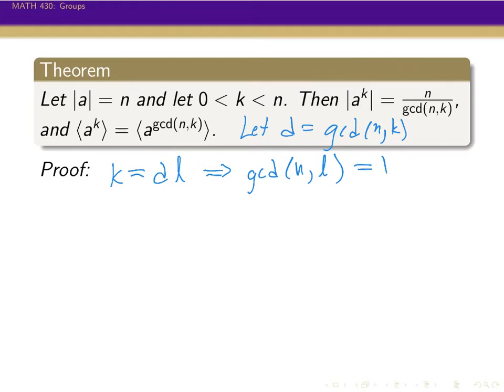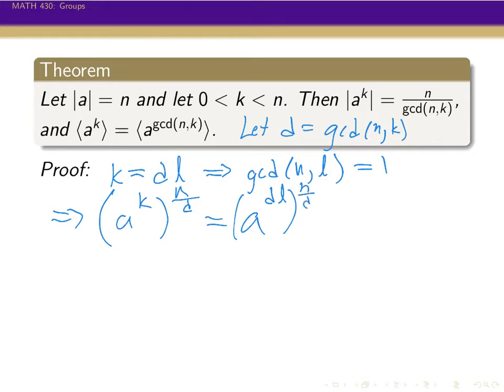Okay. And so then if we take a to the k and raise it to the n over d power, well, this is really equal to a to the d times l, raised to the n over d power, which gives us, the d's cancel here, a to the n times l. So what's important is that this is a multiple of n.